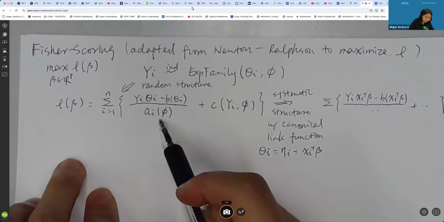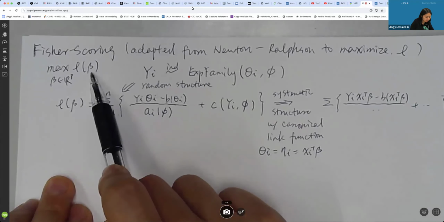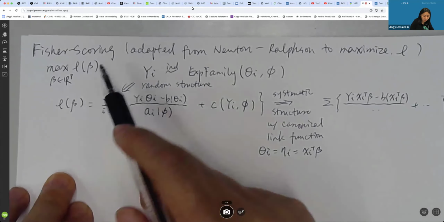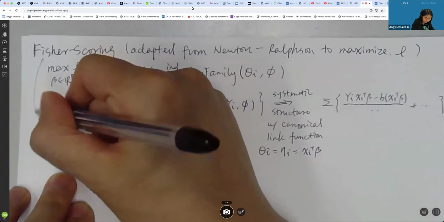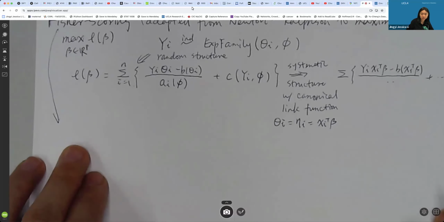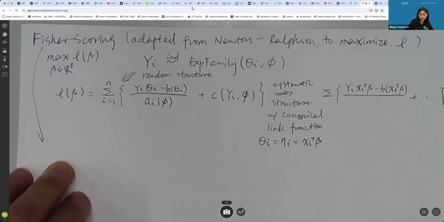Okay, then to use Fisher scoring, recall what it is. Fisher scoring, this is what we talked about last time. It's an iterative algorithm to iteratively update our parameter, the beta.